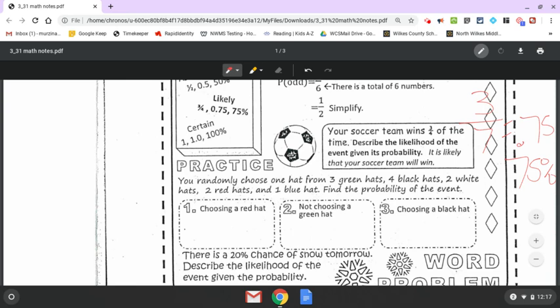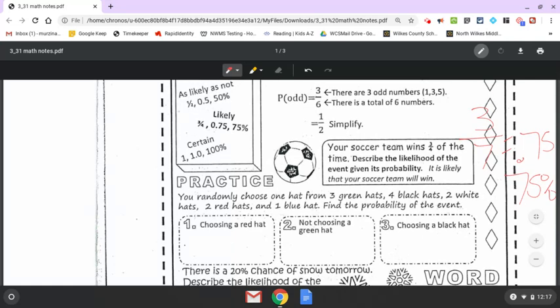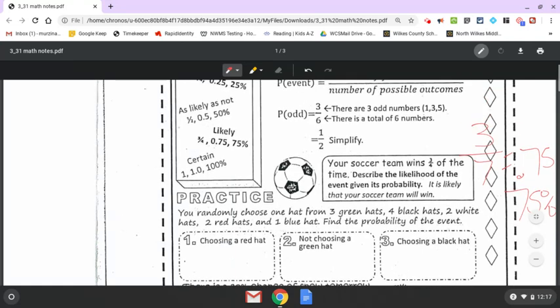Okay, so if you have a winning record of 75%, or if you've won 75% of your games, is it likely that you're going to win your next one? Well, since we're at 75%, yes, it is. It is likely. When it asks you to describe the likelihood of that event, you would say that it is likely to occur, that you are likely to win the next game.